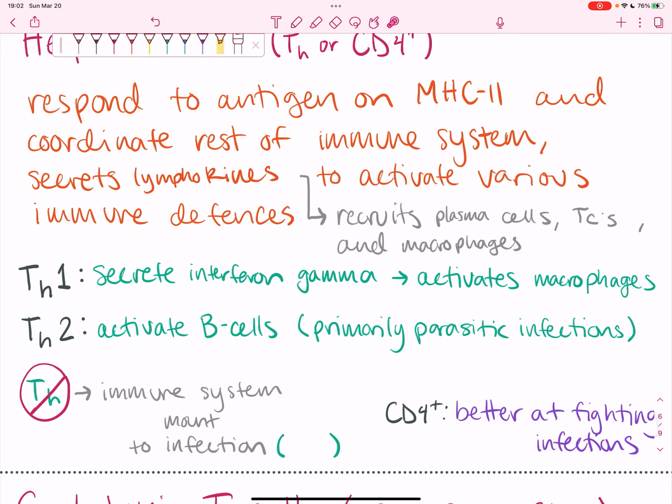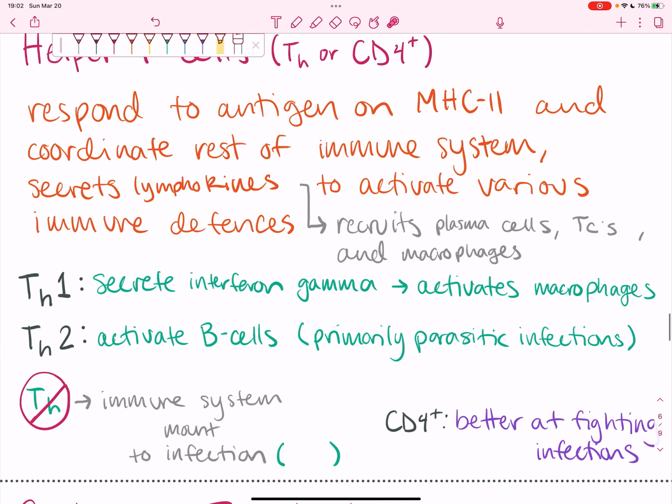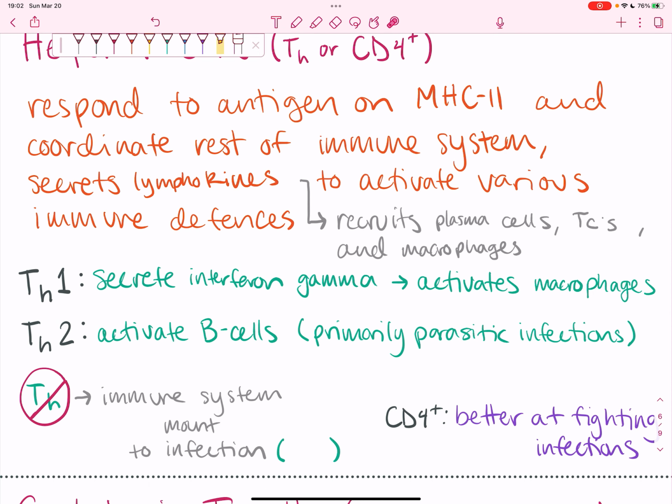Okay, so in theory, what would happen if we didn't have helper T cells? Well, our immune system couldn't mount an adequate response to an infection, basically, which is exactly what happens with HIV.